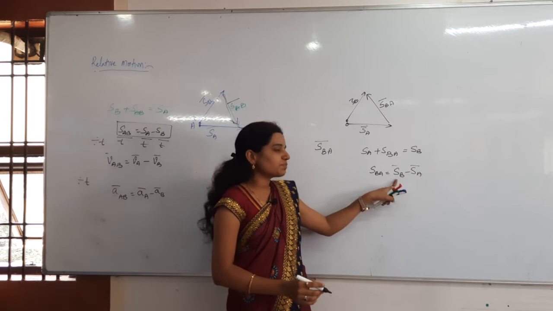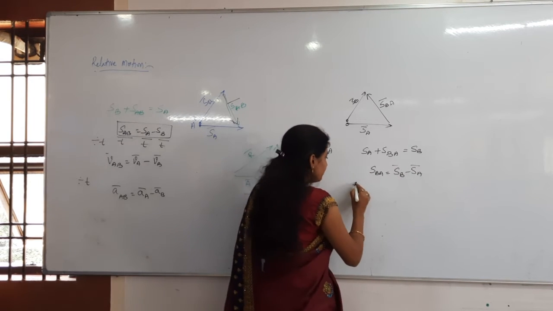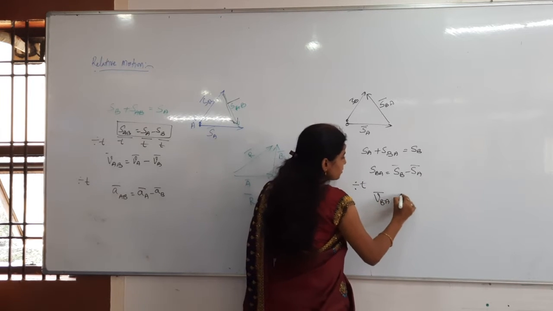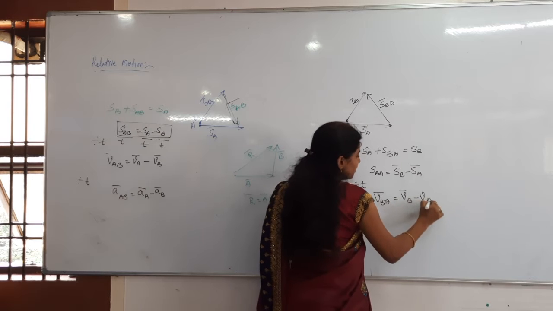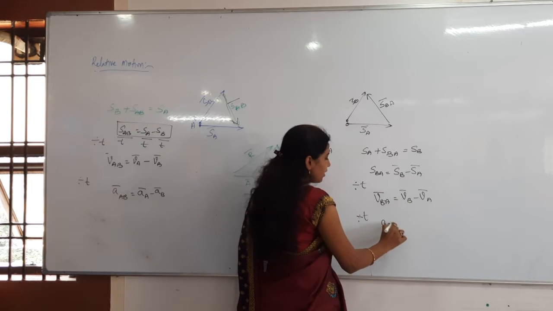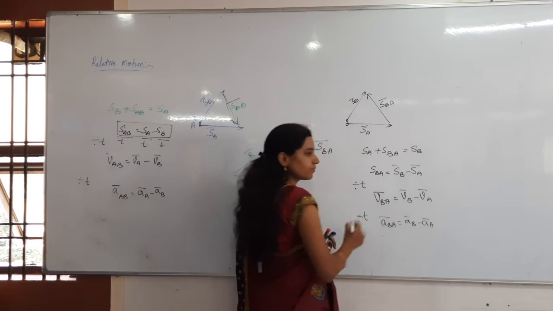The displacement of B with respect to A is SB minus SA. If I divide by T again, VBA is equal to VB minus VA. Dividing by T again, ABA is equal to AB minus AA.